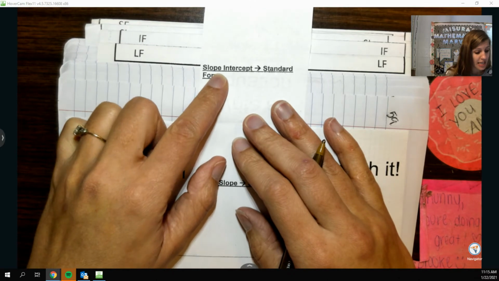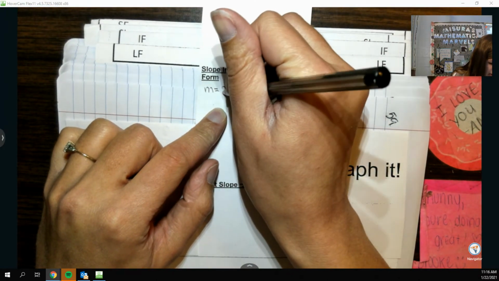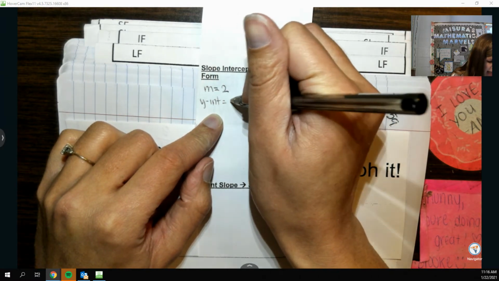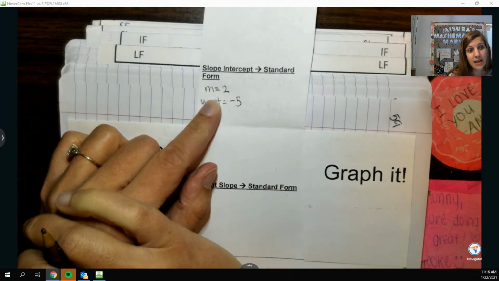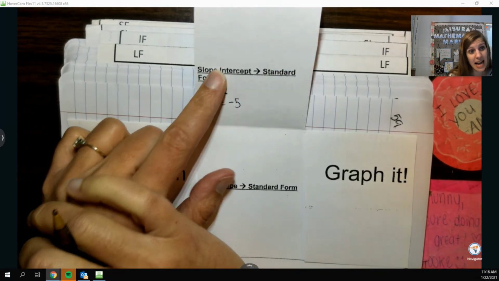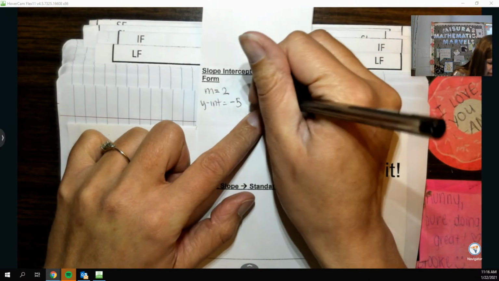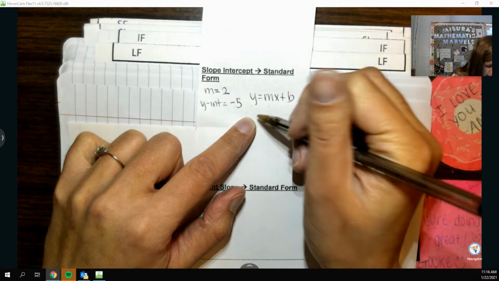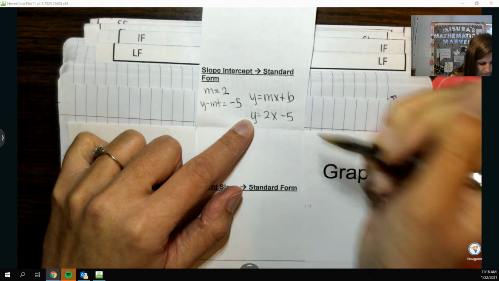So for instance, I might be given the slope is 2, and then the y-intercept is like -5. If they give me the slope and the y-intercept, I actually want to put it in slope-intercept form, which is our y equals mx plus b. So in this case, we'd have y equals 2x minus 5.